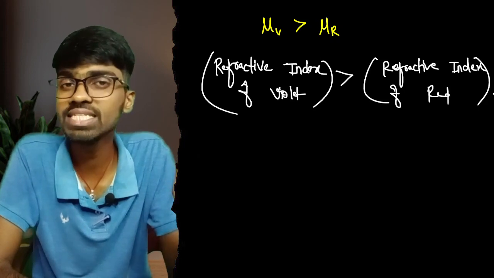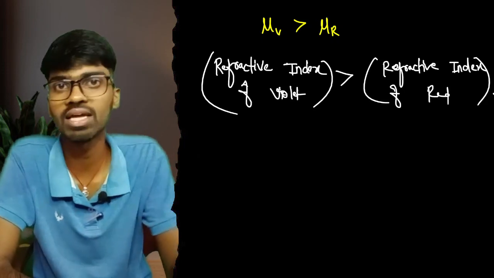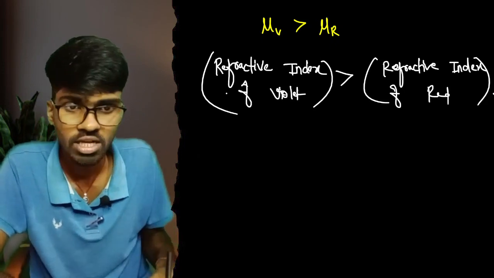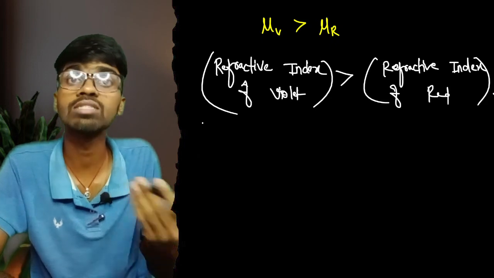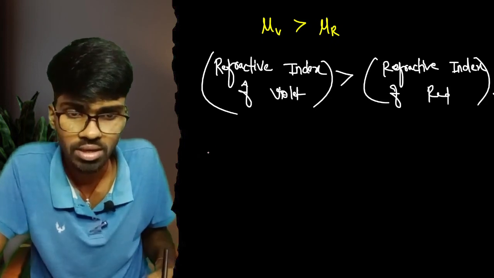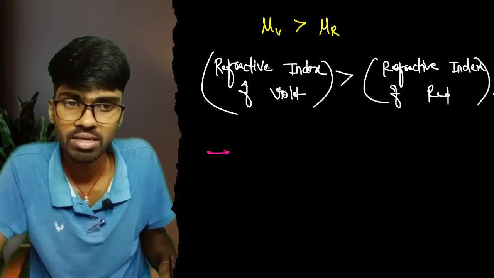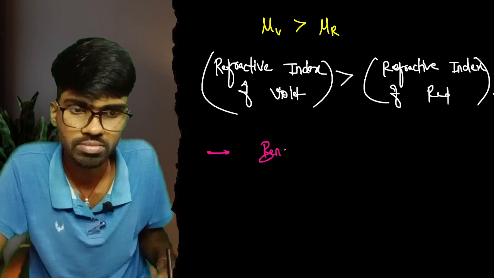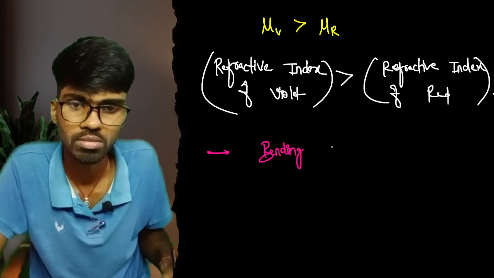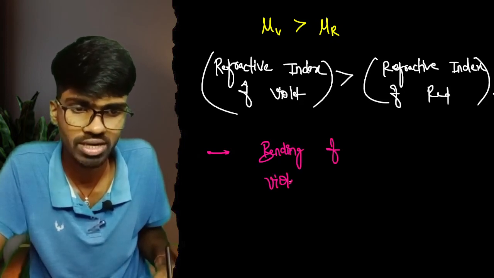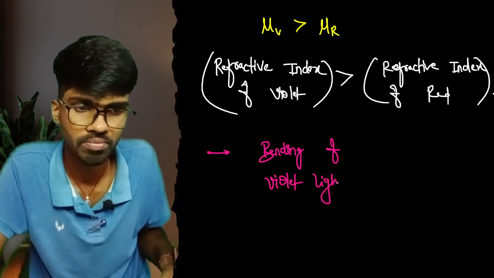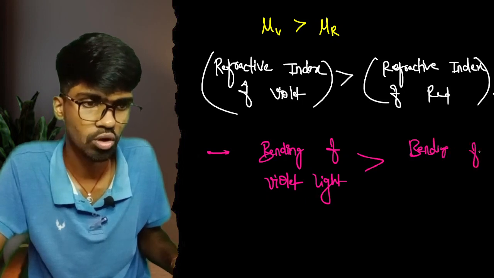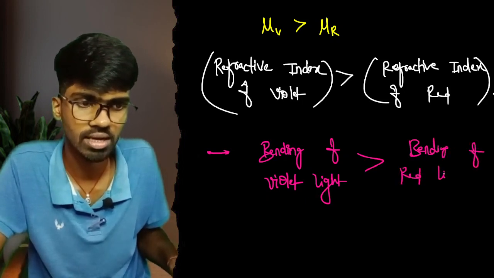It means that light will bend more in that medium, and lesser refractive index means light will bend less. So for violet, the refractive index is more, so light will bend more in the case of violet, meaning the bending of violet light will be more than the bending of red light.